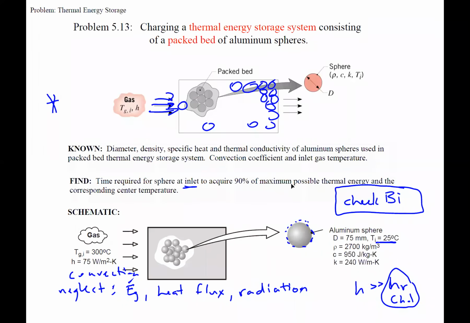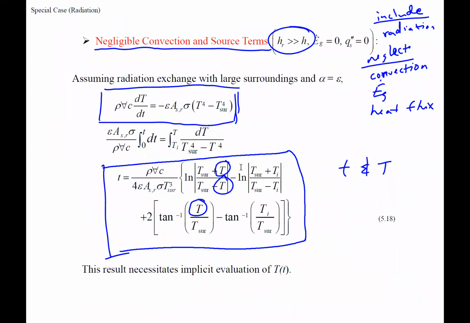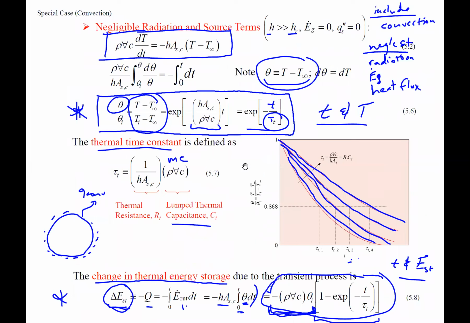So we have those two equations. We need to check the Biot number, which I'll show in a second. But also, before I switch to the next slide, what equation do we think we're looking for? First off, the time required for the sphere at the inlet to acquire 90% of the maximum possible thermal energy. So we're here. Do we use this top equation or this bottom one then?